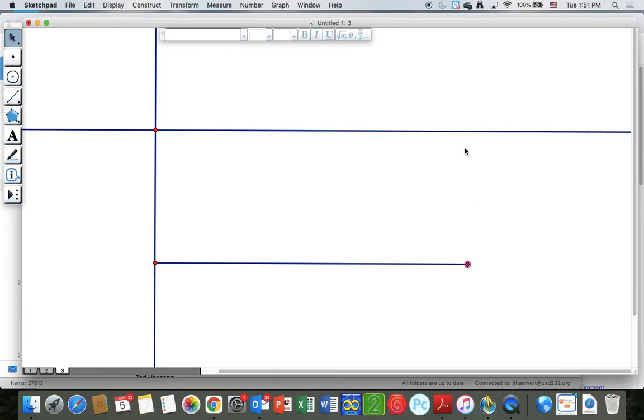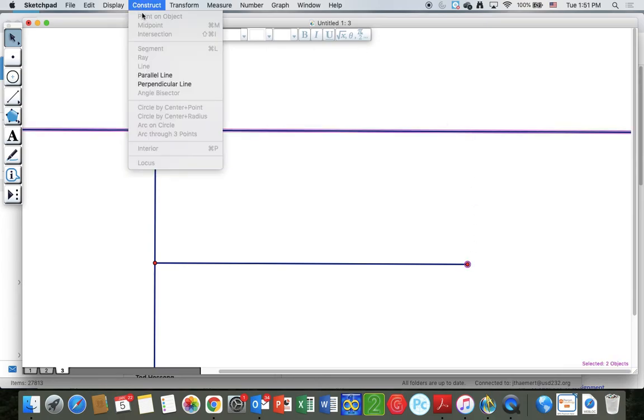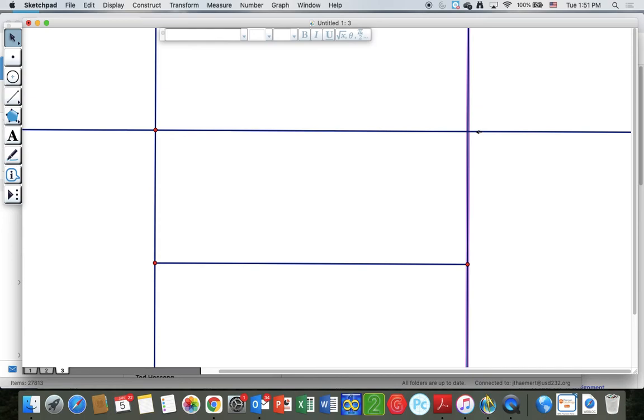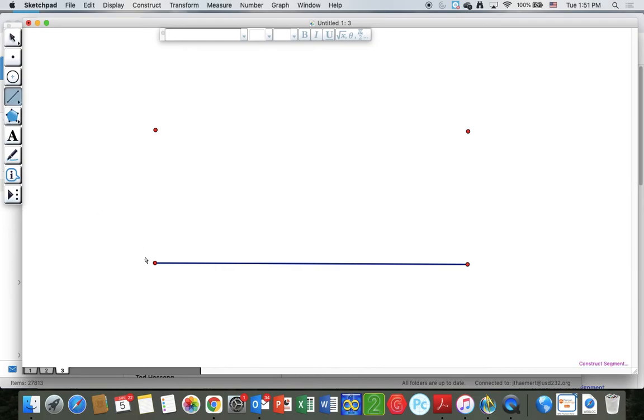And then we're going to construct perpendicular right there. Get some points. Now everywhere I see a line, I'm going to hide it quick so I can make the segments, and I have my rectangle. Now, what's special about a rectangle?